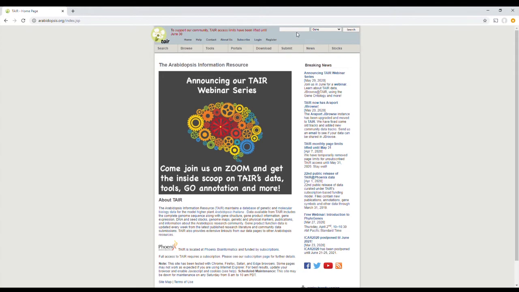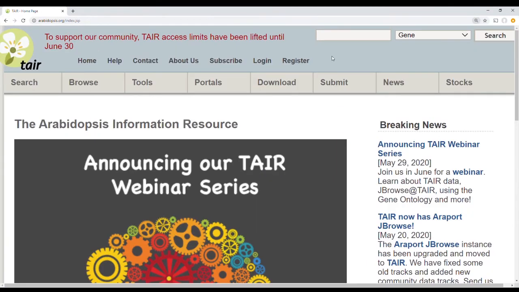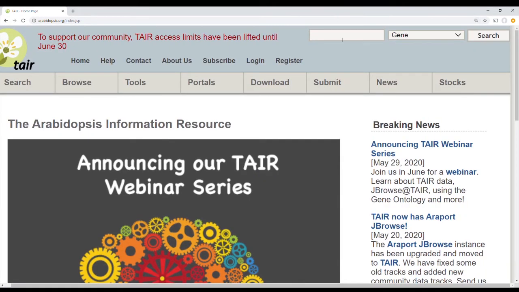So if you look at the top of the screen here, I'm going to zoom in quite a bit. You have a place that you can search for a specific gene. Now, Arabidopsis thaliana has a naming scheme that follows a particular pattern. The way that you search for an Arabidopsis thaliana gene on TAIR is by first typing in AT. Now that AT stands for Arabidopsis thaliana.